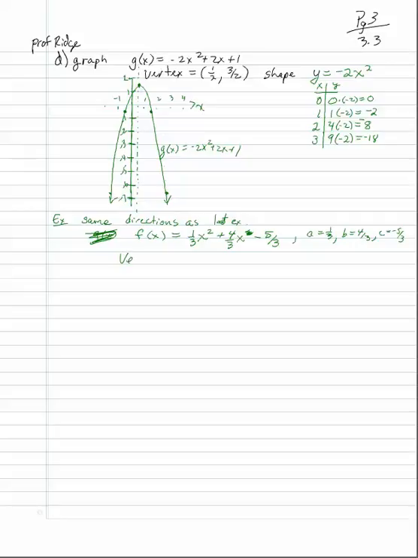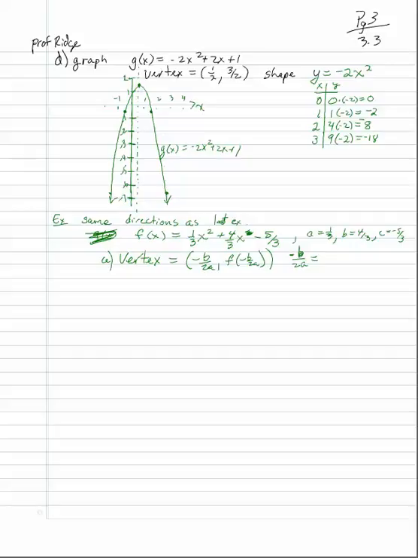So our vertex, that's part A, is minus b over 2a, f of minus b over 2a. So first we've got to find minus b over 2a. That's going to be our h coordinate. Remember, h is the x coordinate of the vertex.